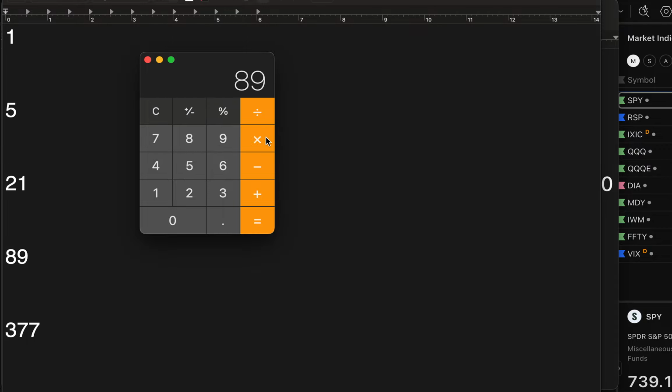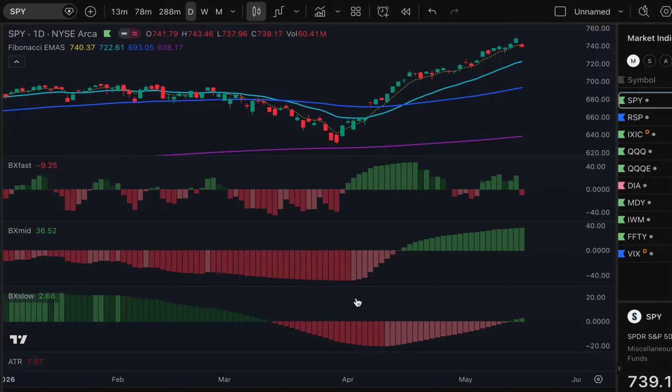And if you do 89 times 4.236, you get 377. So preserving the ratio keeps these spaced evenly, and that's why I use those particular exponential moving averages.